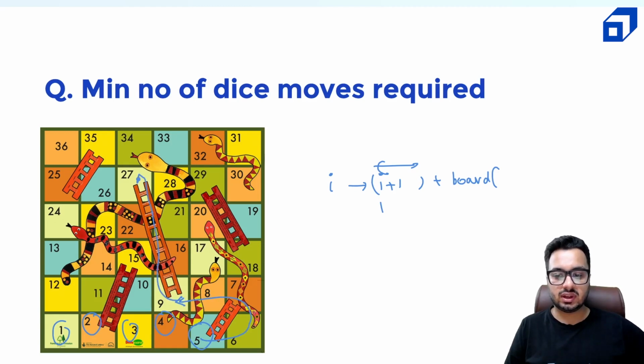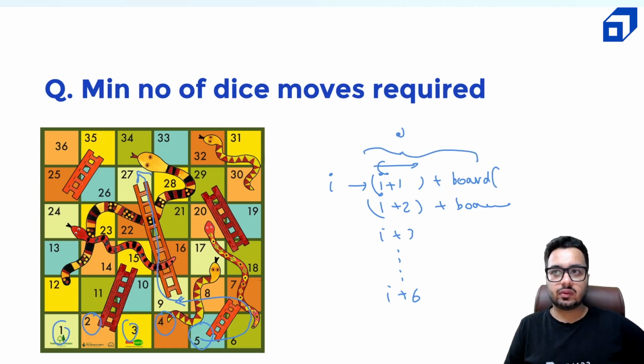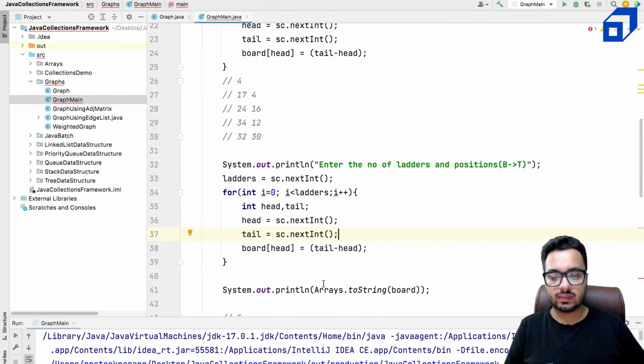You actually reach 27, right? Then i plus 2 plus board of this position, i plus 3, up to i plus 6. Basically from the ith node where I can go. So here I'm going to use the board array to decide where I can actually go. So this will be board of i plus 1, board of i plus 2, and so on. So let's see here as well.